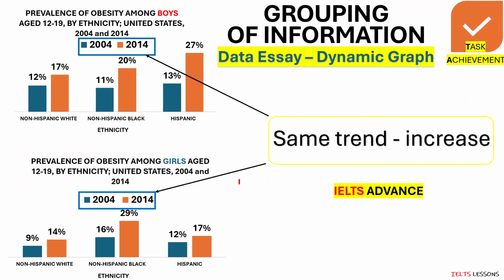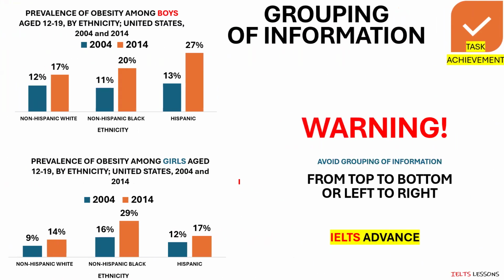So as you can see here, the same trend or pattern in this type of essay or data essay is that this trend shows an increase of obesity rate for both boys and girls in different ethnic groups. All right. Now, again, it is a stern warning for candidates to group their information from top to bottom or from left to right.